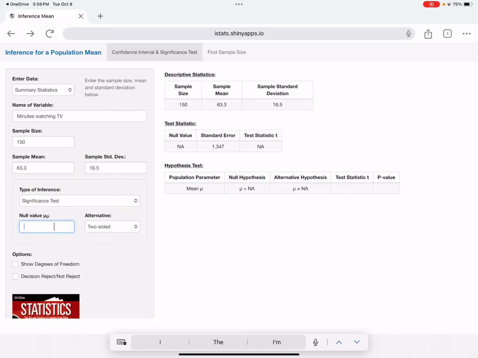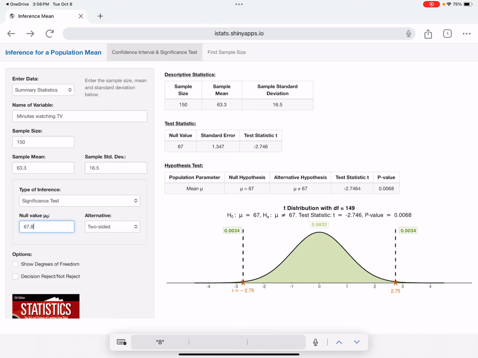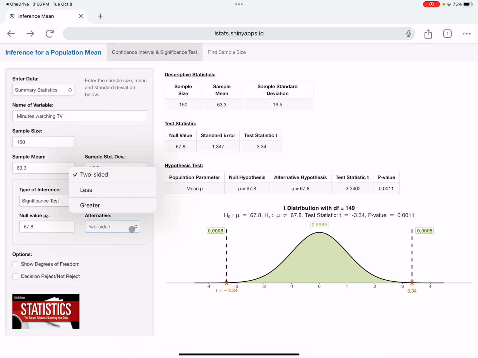The null hypothesis is that mu would be equal to 67.8, right? The average for non-TikTok users. And we wanted to know if TikTok users spend less time watching television, so we'll use a less than. Okay, so we're running a left-tailed test.